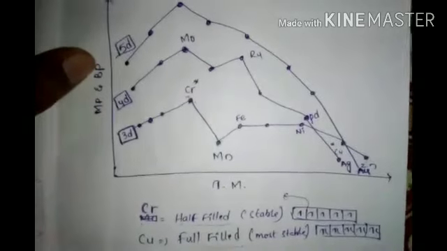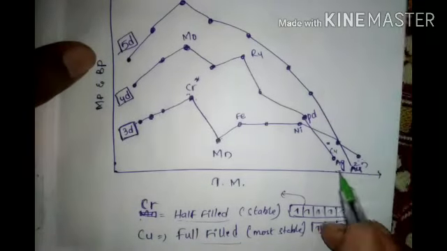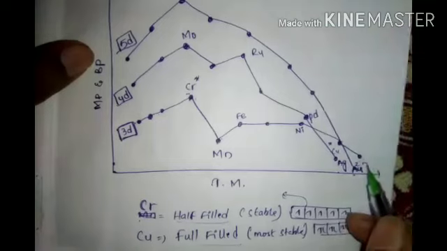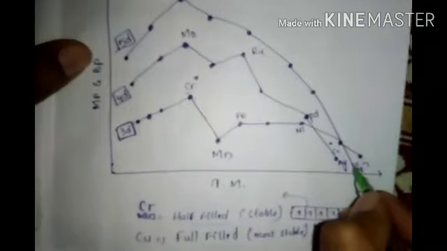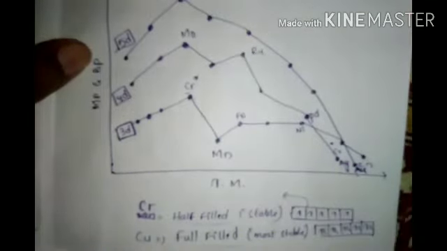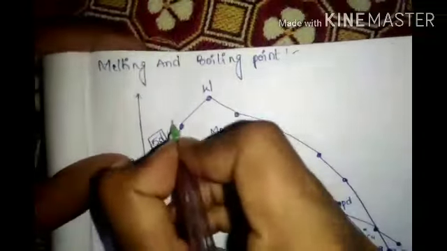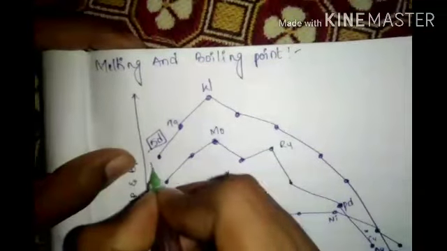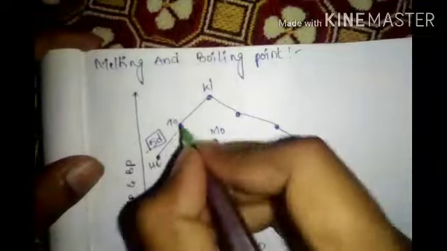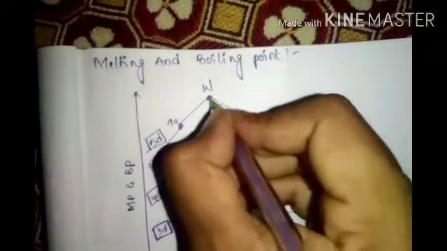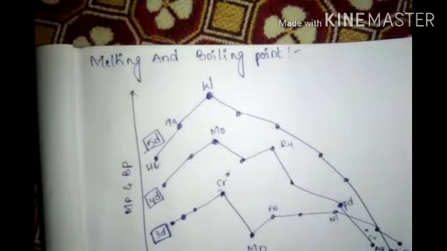See here, silver, gold, zinc, almost all are equal. Coming down, all are almost equal. So now, last, the lowest one is hafnium, then tantalum, wolfram, tungsten. The highest one is tungsten.